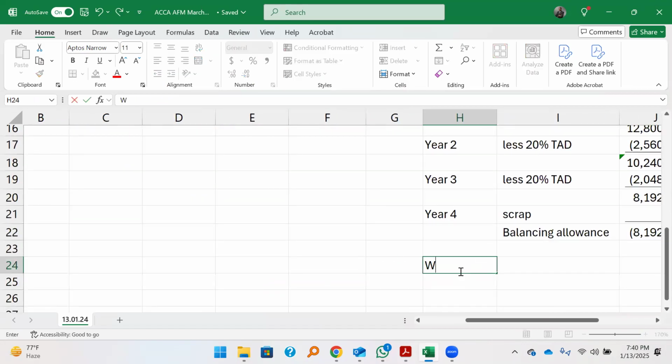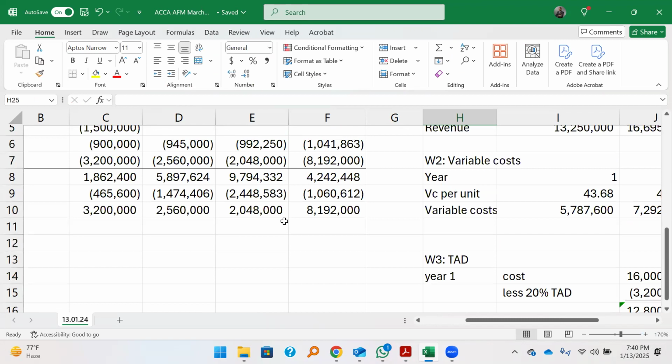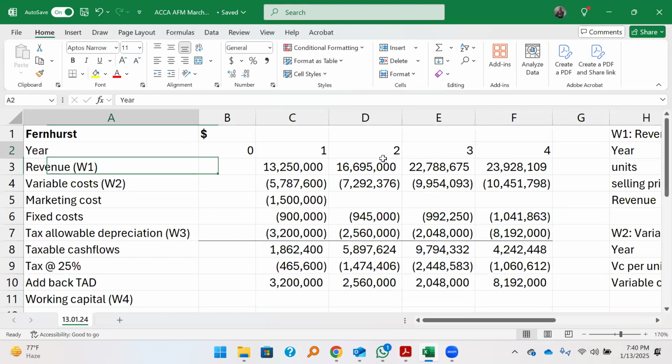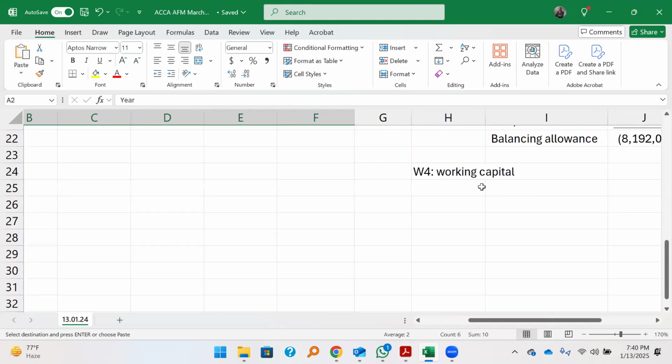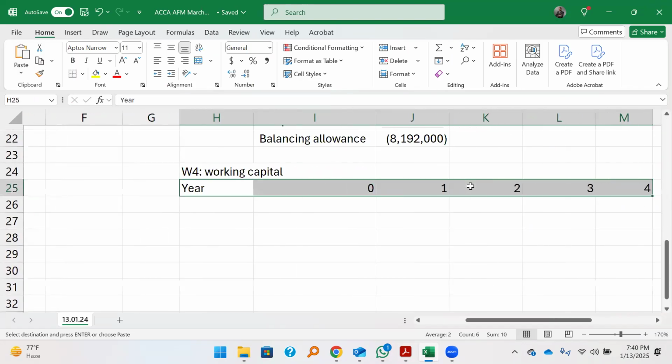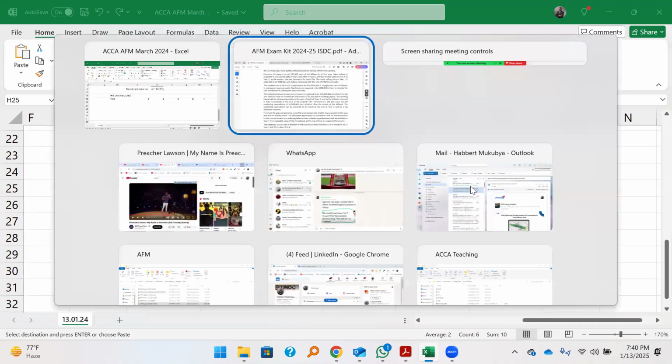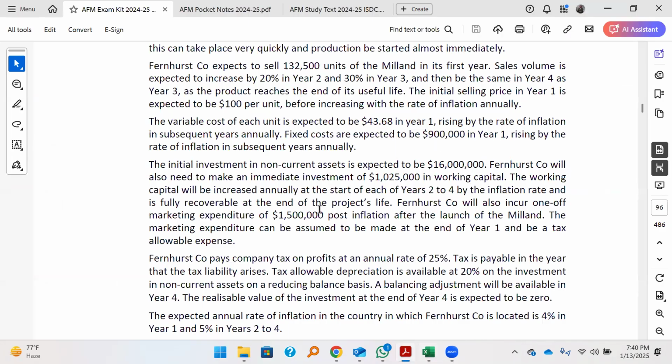So we are going to copy some of the years. Now, they say the working capital is 1.025.